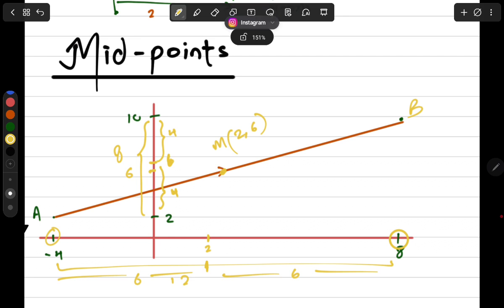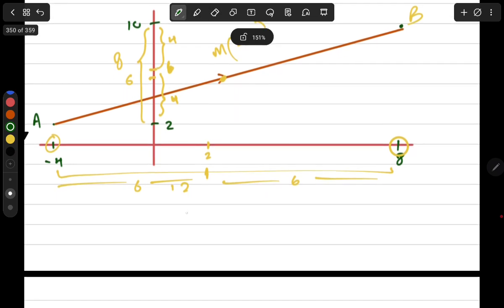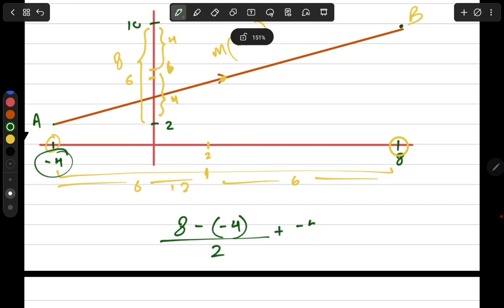And what have we done? So the formula therefore is going to be, first of all we took the difference of them, so 8 minus minus 4, which was 12, we divided it by 2, right? And then we added it to negative 4, right?